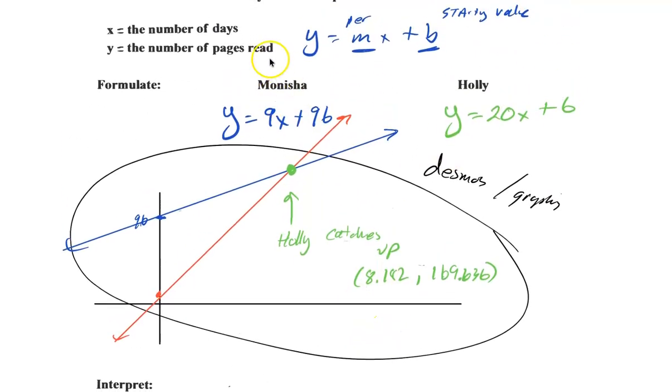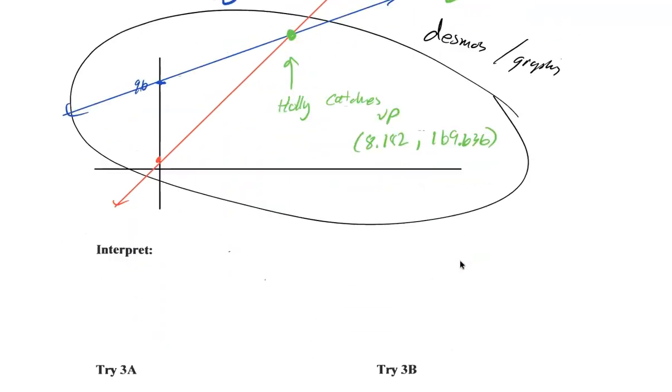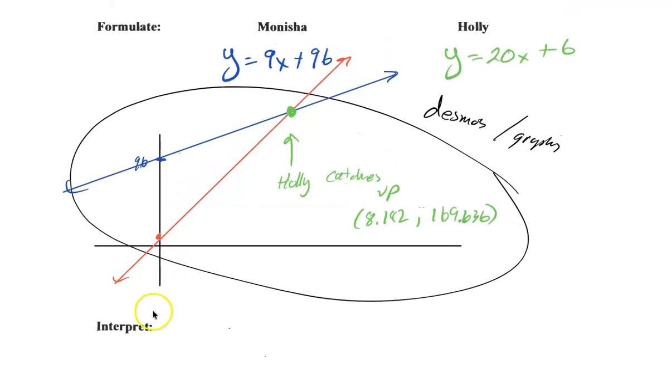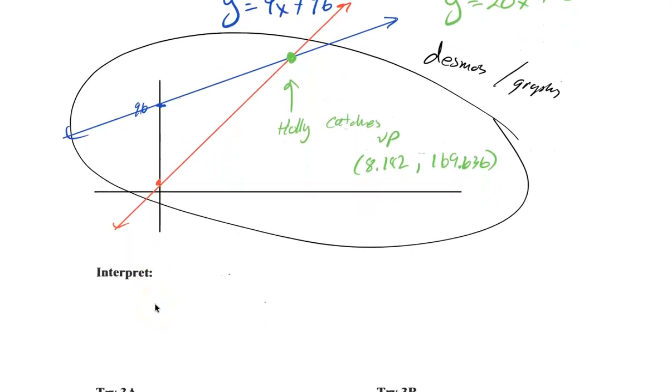So remember, x is number of days. So it's going to take Holly about 8 days to catch up to Monisha. And then number of pages read, so it's about 170 pages. So they're going to meet at page 170. That's how I interpret it. Let's write that down though.